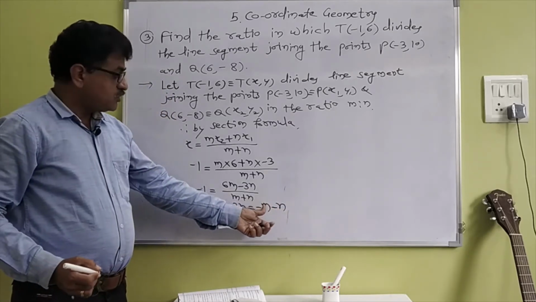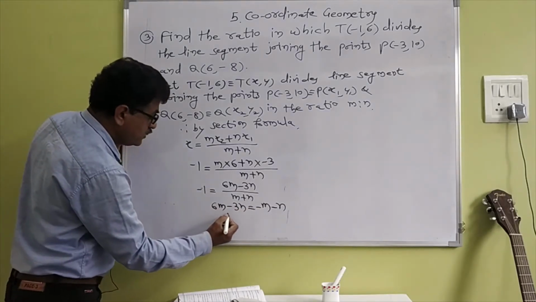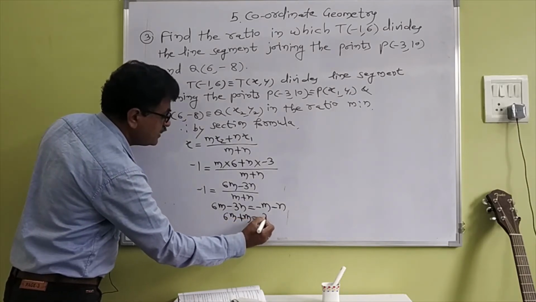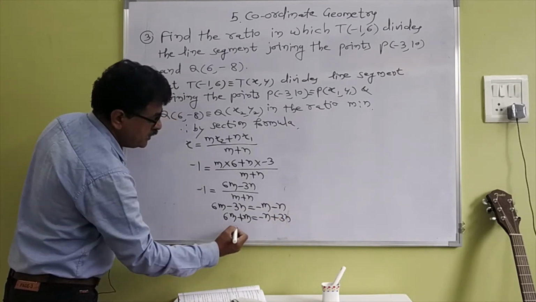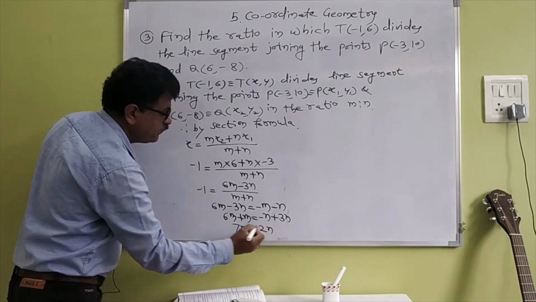Now take terms of m to the left hand side. Therefore 6m plus m is equal to minus n, minus becomes plus 3n. Therefore 7m is equal to 2n.